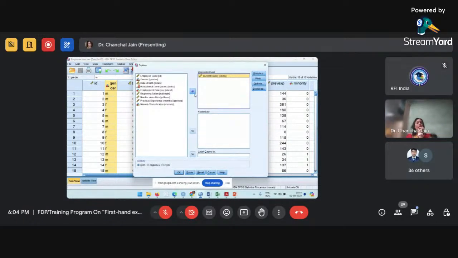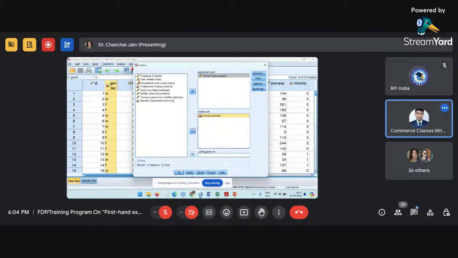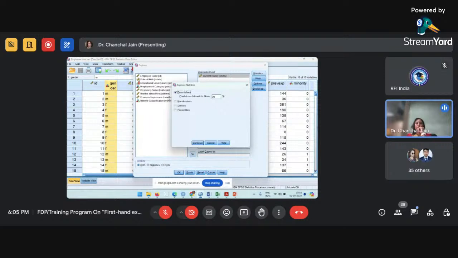Now select gender and shift it to the factor list box. Done? Now click on Statistics. By default, descriptives is selected, so click on Continue.